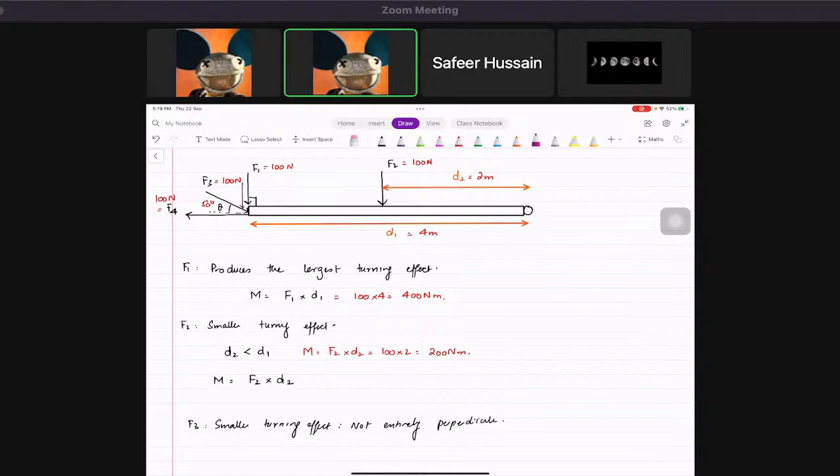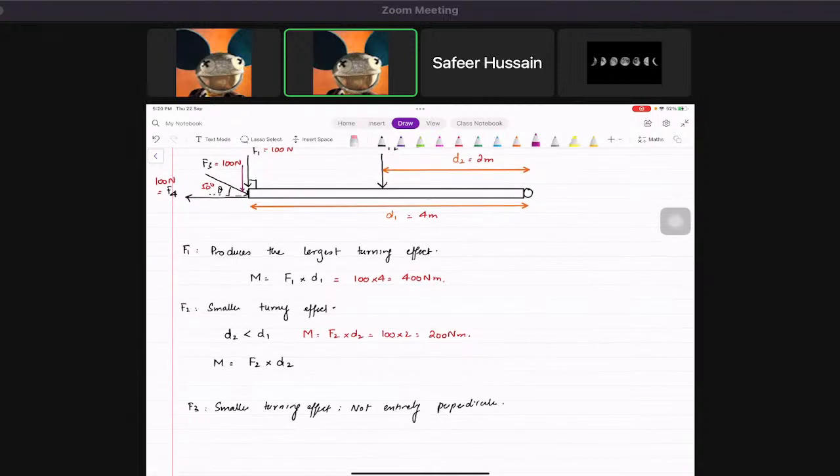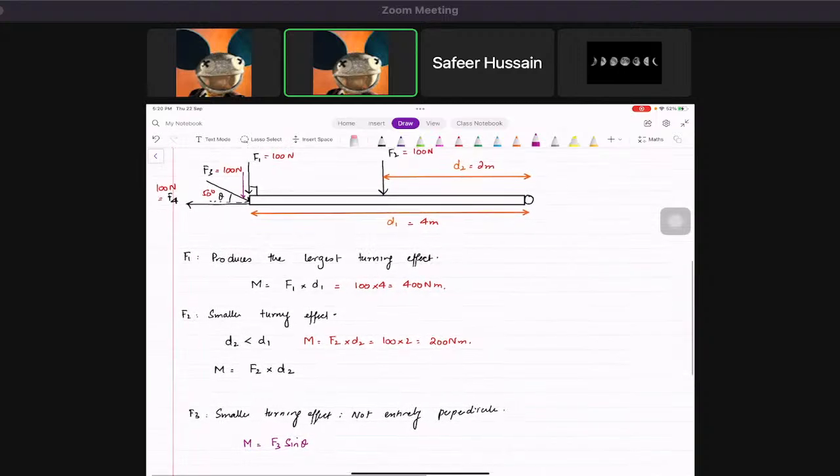So the real force acting here is going to give moment equals F3 sine theta, because that causes the perpendicular moment, times d1.